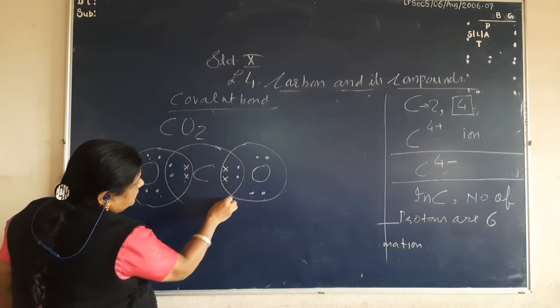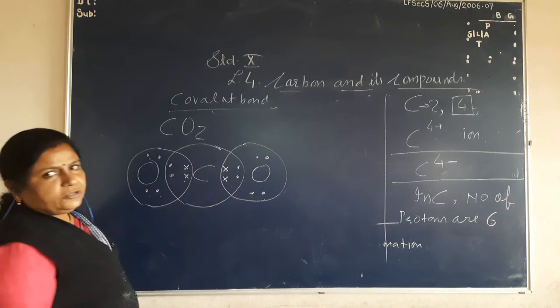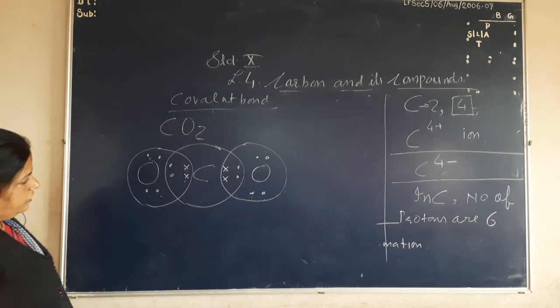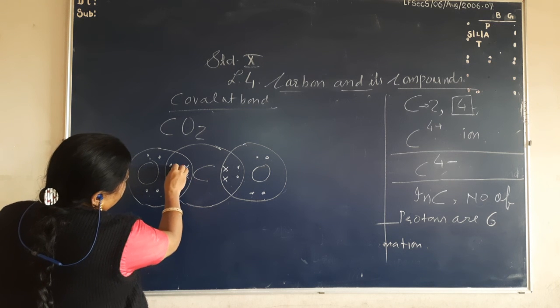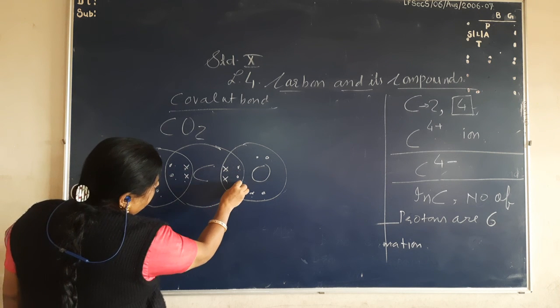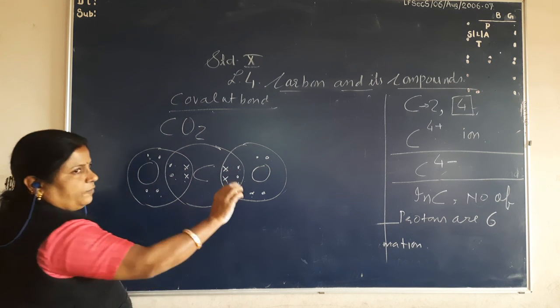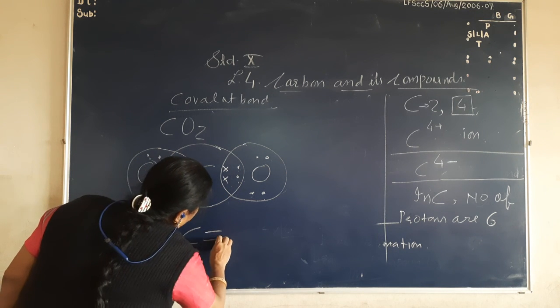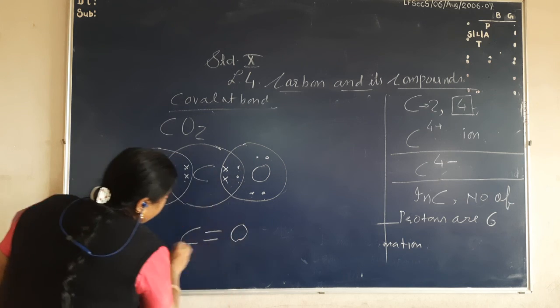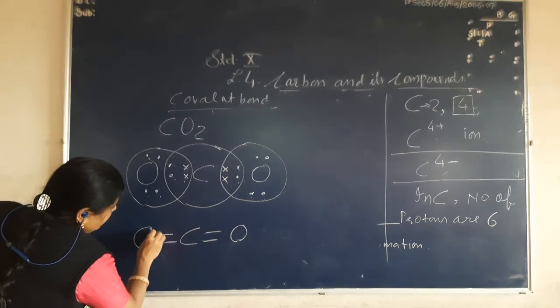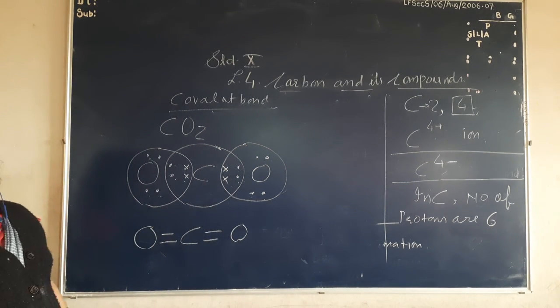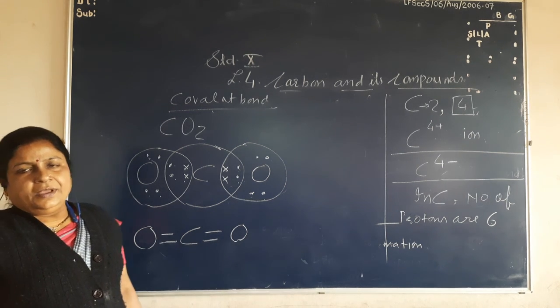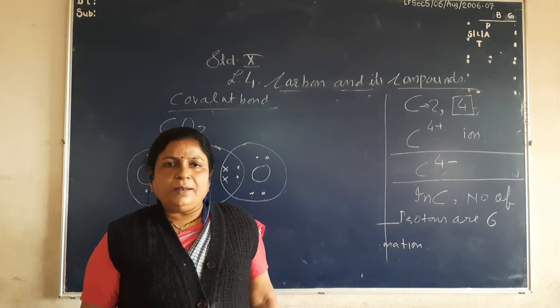Carbon will also share its 2 electrons, so now carbon is also happy, getting 8 electrons: 1, 2, 3, 4, 5, 6, 7, 8. So the octet of all 3 is completed. Therefore, this is CO2. Next time I will explain the other part.